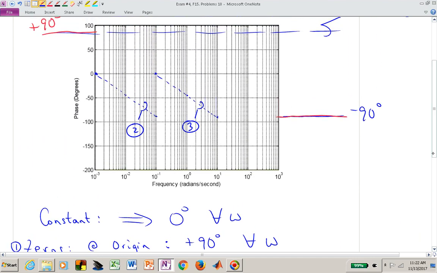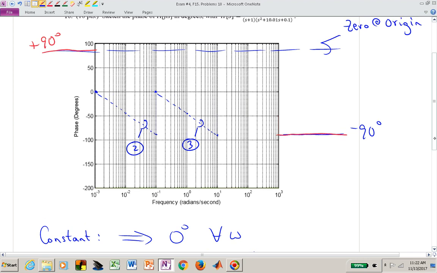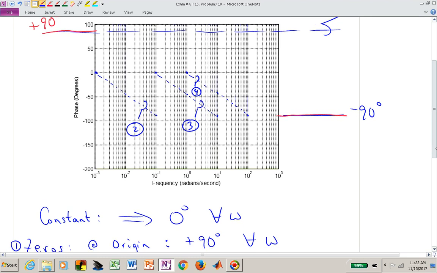I'm 0 a decade before the break, which is at 1. So at 1, I'm at 0. Then I'm at minus 45 here. And then I'm at minus 90 at a decade beyond 10 or at 100. And this is now my fourth piece of the puzzle.